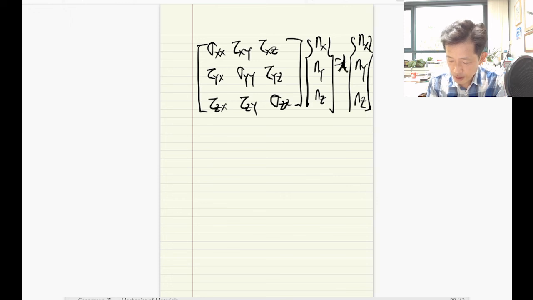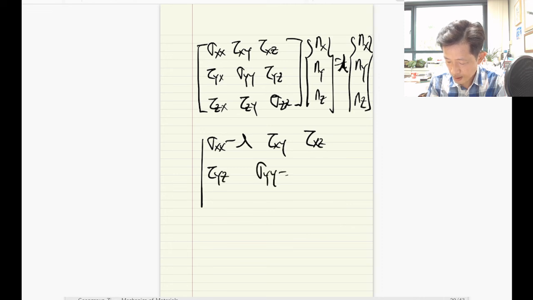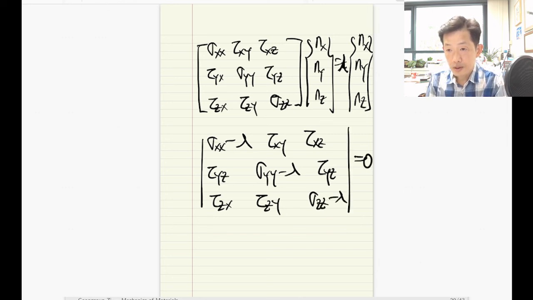Then we can build another eigenvalue problem: sigma xx minus lambda, tau xy, tau xz, and so on, down to sigma zz minus lambda. Its determinant should be equal to 0. So this is a third order polynomial equation, and we have three different lambda values. They correspond to the three-dimensional principal stresses.